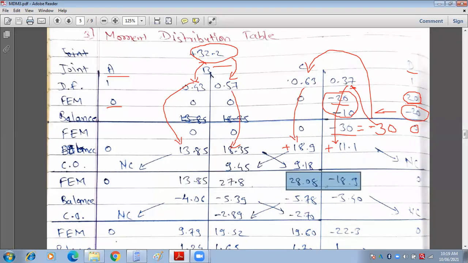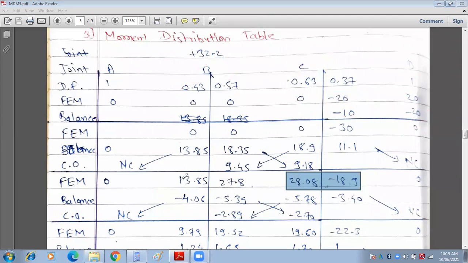If you look here, it is not balanced, and here it is also not balanced, which means we have to repeat the procedure until we get the balance moment. Now check the difference of these two and make the balance again.